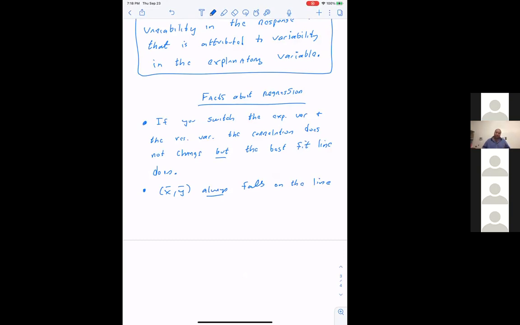Which means if you have to guess the best fit line by hand, find X bar, Y bar, make a point, and then only consider lines that go through that point. And try to find the best one that you can. Okay? Those are a couple facts about the best fit line.